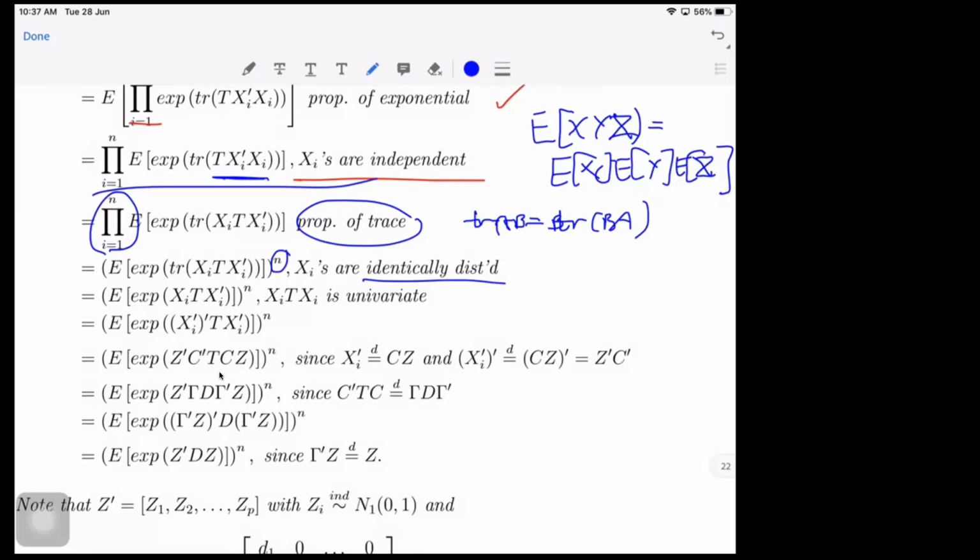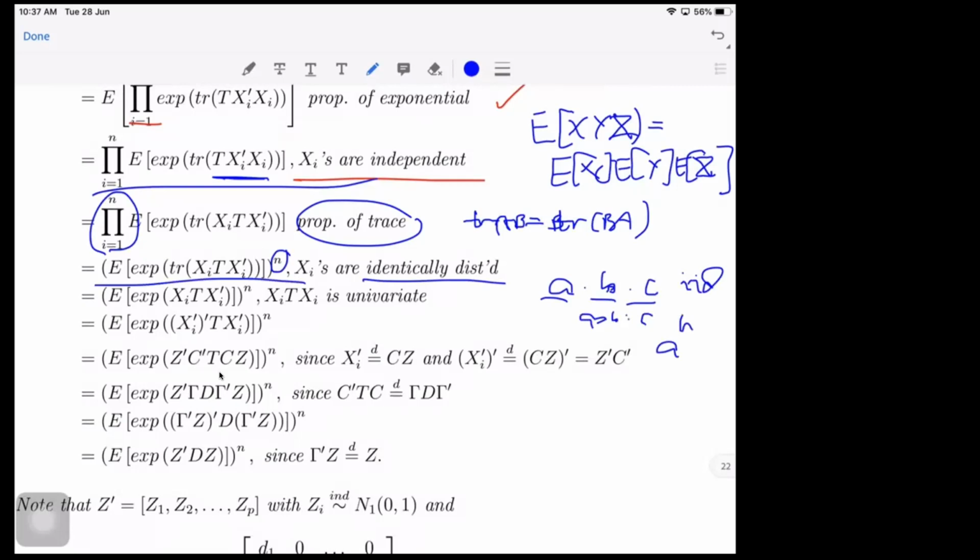Instead of getting the product that is A times B times C. So if these are IID or identically distributed, you can have A equal to B equal to C. So what you will have is just A raised to the n. So this is what is happening here.